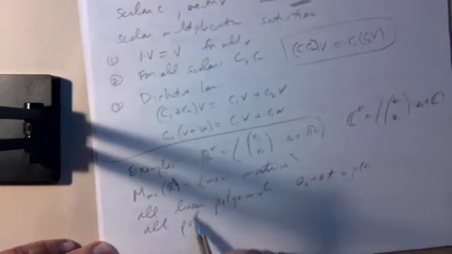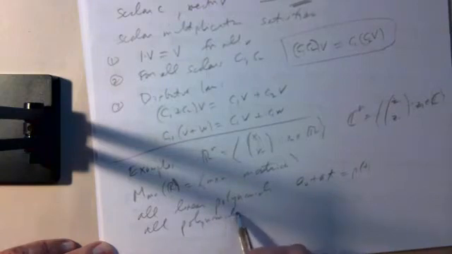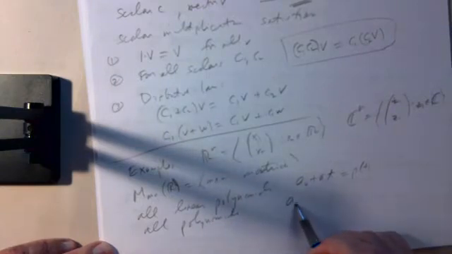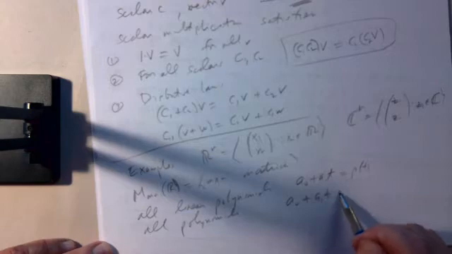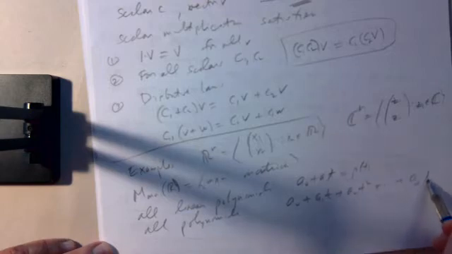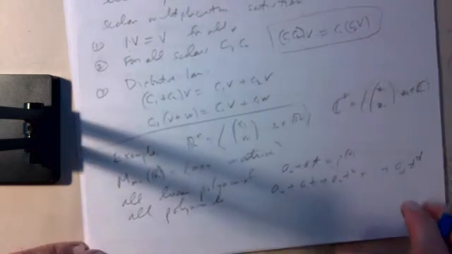Or you can look at all polynomials, polynomials of any degree. The set of all polynomials is a vector space.